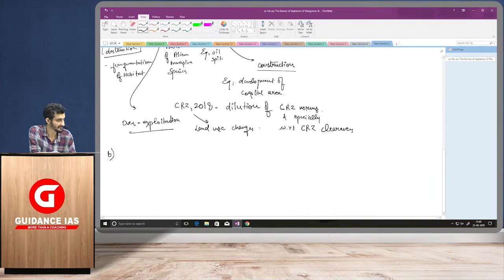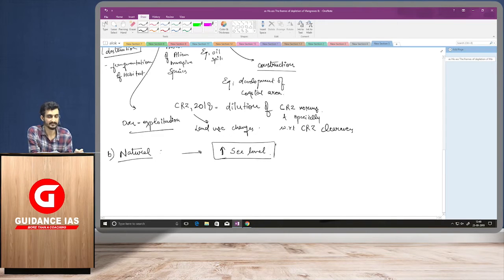If you talk about the natural factors depleting the mangroves, they can be of a variety of types. So natural will be rising sea level. Again, similarly, the way we have discussed the question on coral reefs, there are certain conditions under which mangroves also thrive, and those are an optimum limit of temperature, salinity, and a proper level of sedimentation.